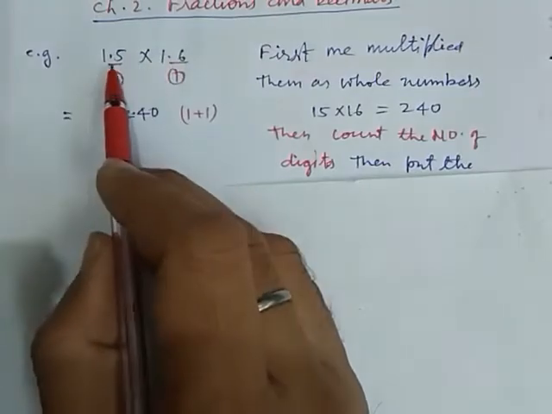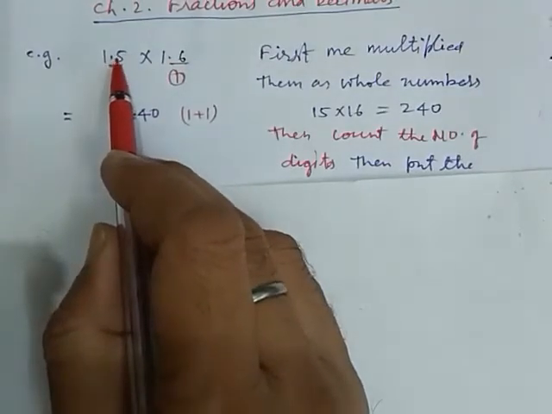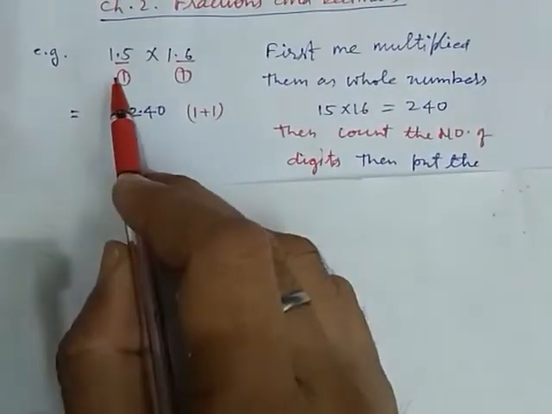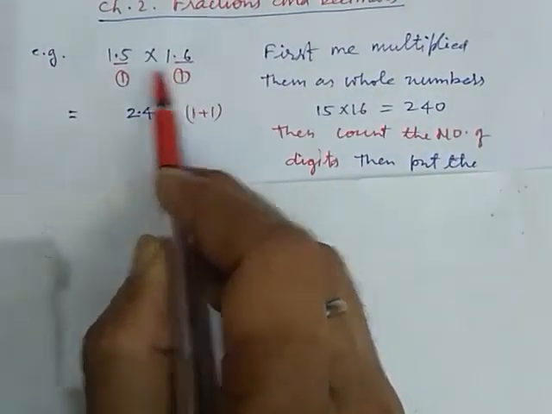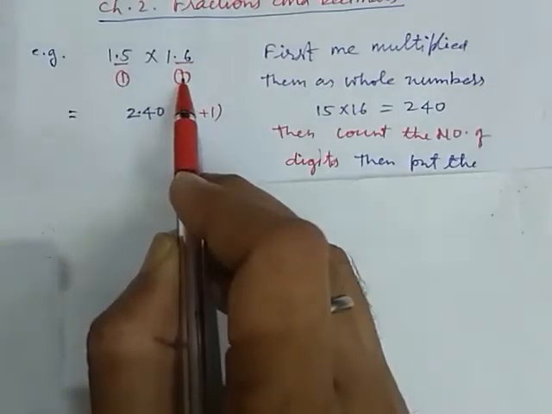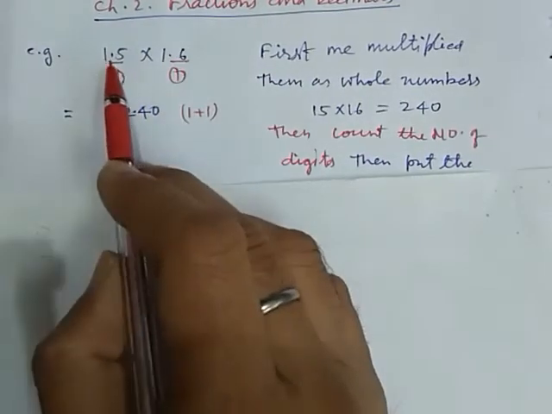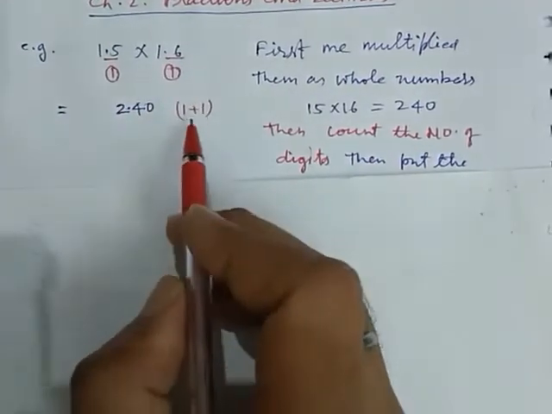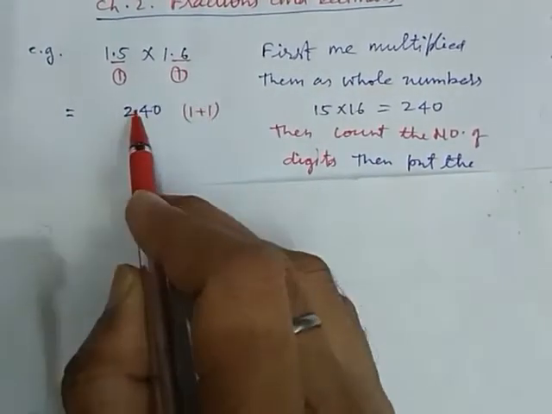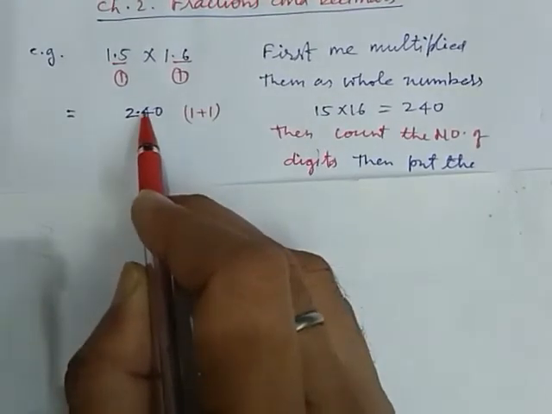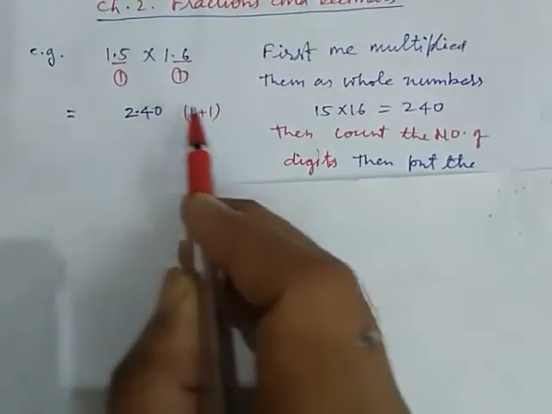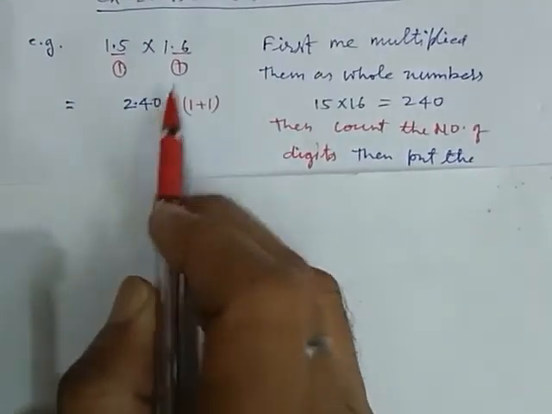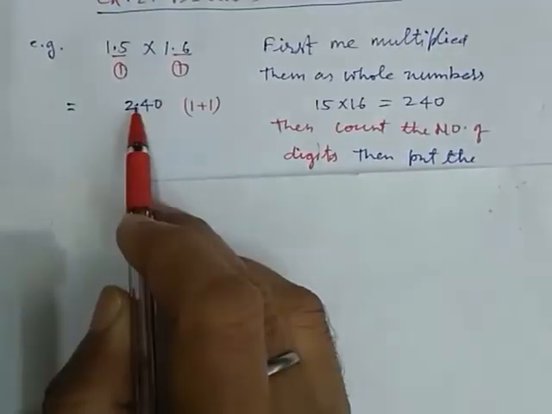The multiplication of 15 and 16 is 240, and then we just count the digits, here 1 and 1, total 2 digits after the decimal, so we just add them and put the decimal before 2 digits, 1 and 2, and put it here. So directly we can write it this way. First we multiply, then put the decimal.